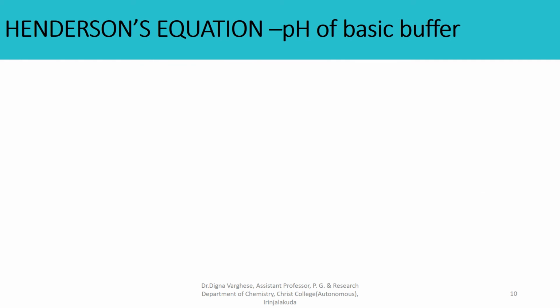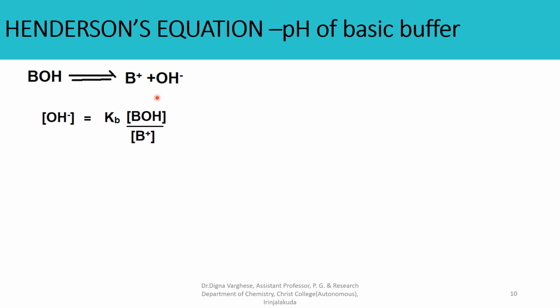The Henderson equation is used here to calculate the pH of a basic buffer. We know a basic buffer is a mixture of a weak base and its strong salt. Here we are considering a general representation of a weak base BOH, which is in equilibrium with B+ and OH-. From this equation we can calculate the concentration of OH- is equal to Kb into concentration of BOH divided by concentration of B+.